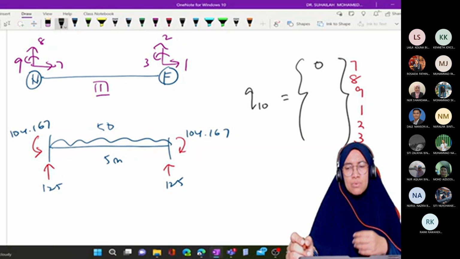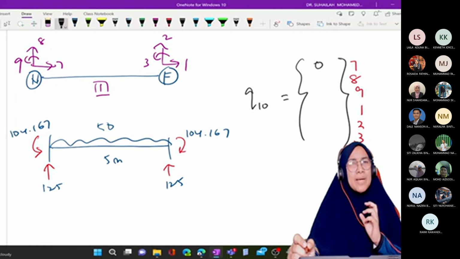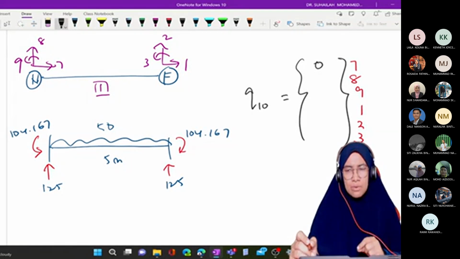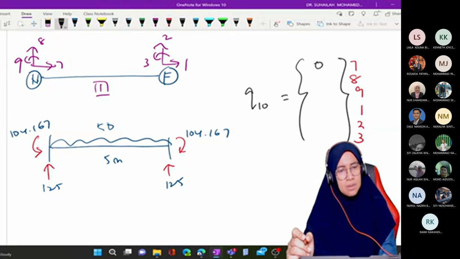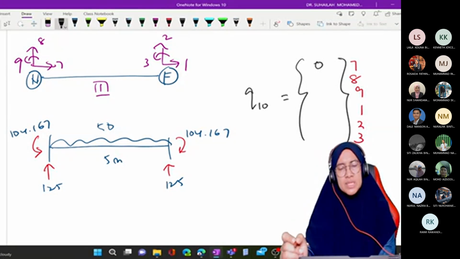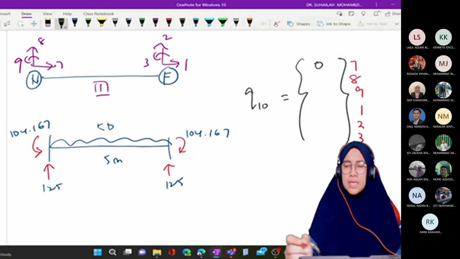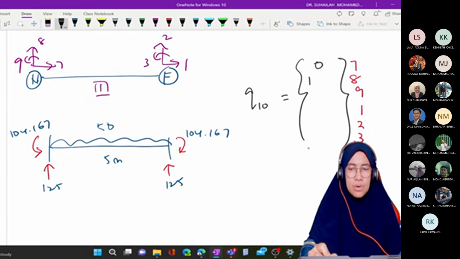So next, what is the value at position number 8? It is 125.